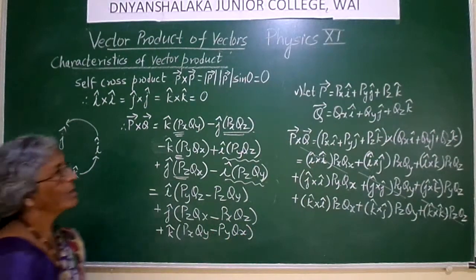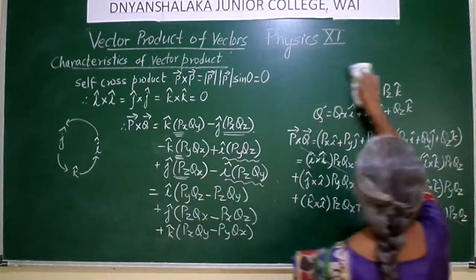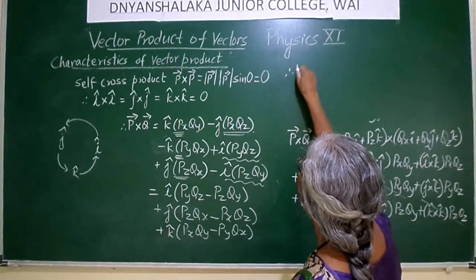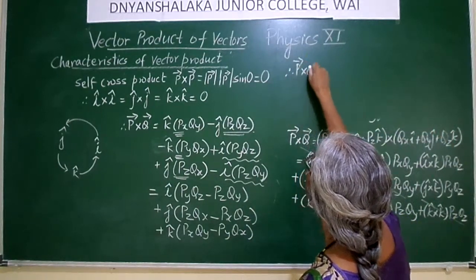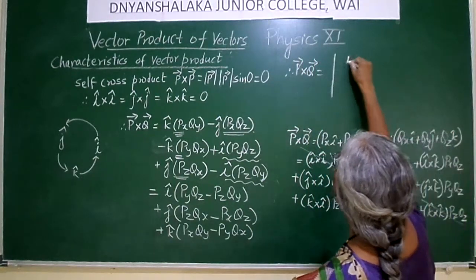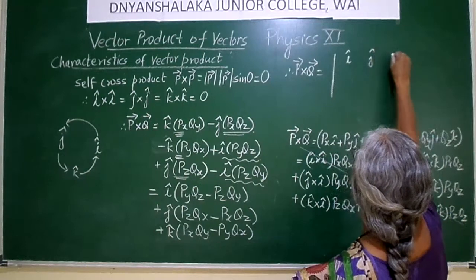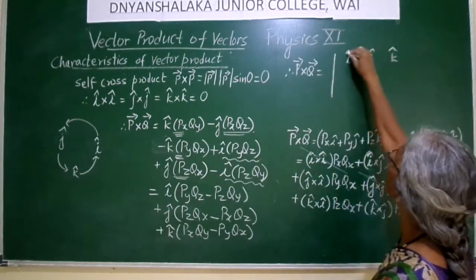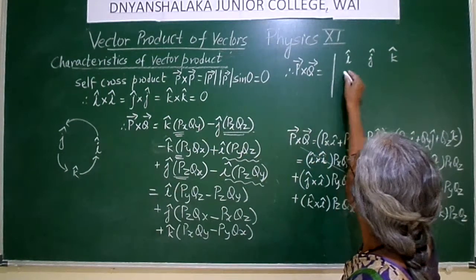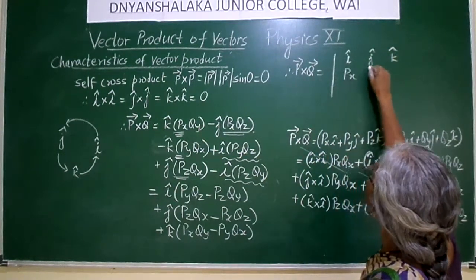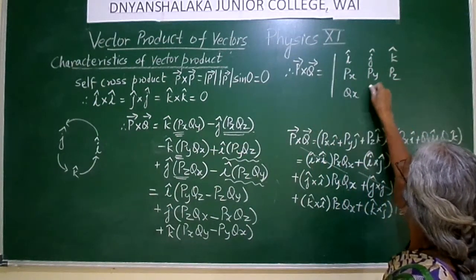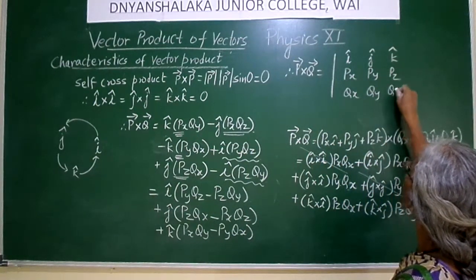Got it? Now this value is nothing but the determinant with rows I, J, K; Px, Py, Pz; Qx, Qy, Qz.